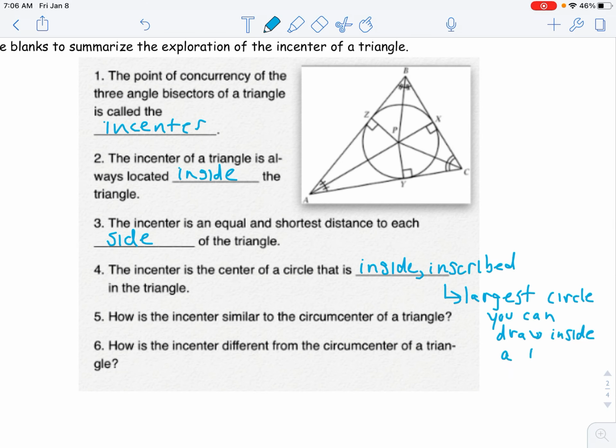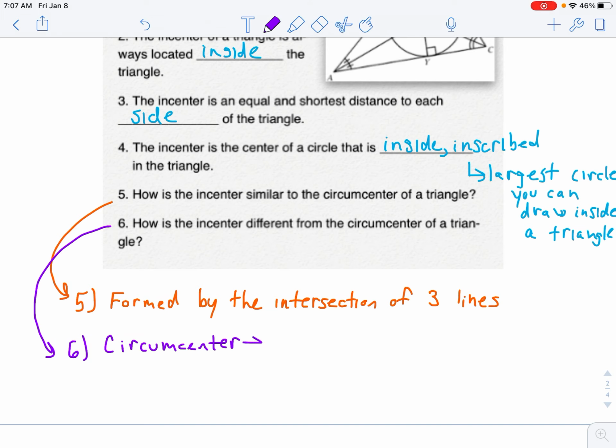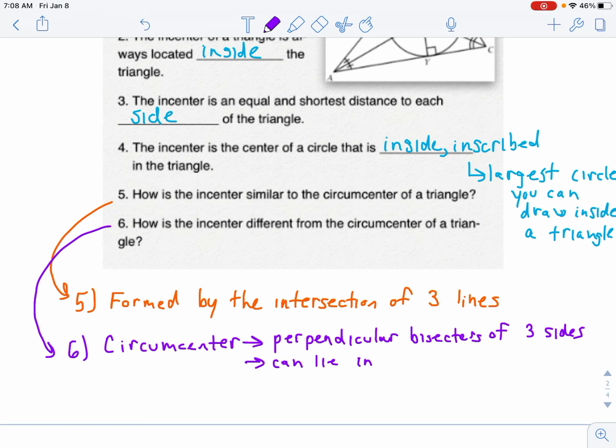How are they different? Well, let's review circumcenter really fast. That's made by perpendicular bisectors of 3 sides. So your perpendicular bisectors of the 3 sides can lie inside. That's when it's acute.